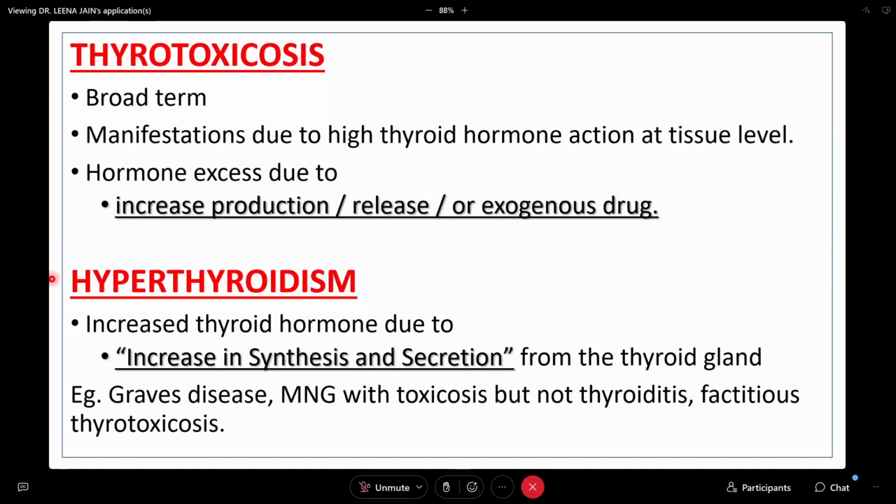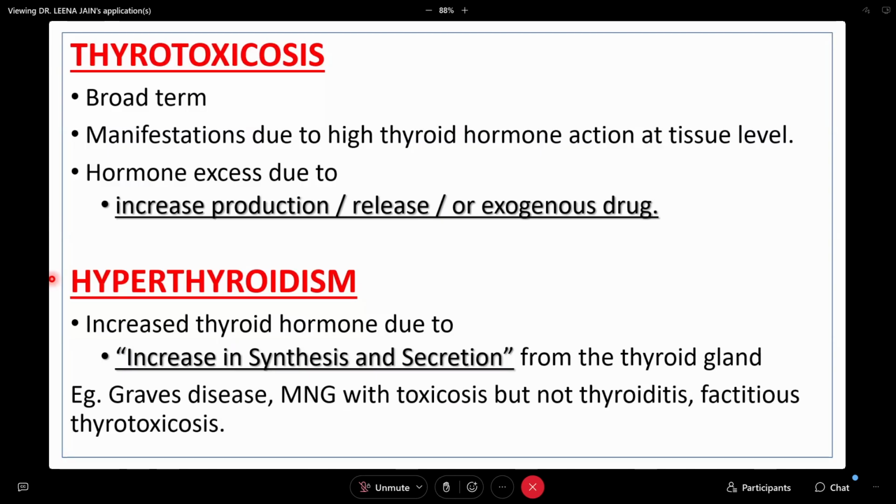Thyrotoxicosis is actually a very broad term. Whatever manifestations are going on in the body systems, like your cardiovascular system, your brain, or your peripheral system, because of a high level of thyroid hormone, it is called thyrotoxicosis.